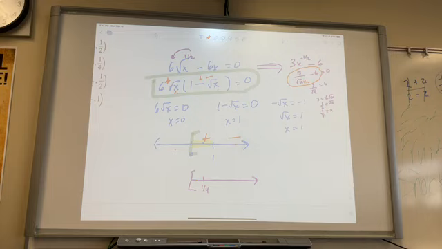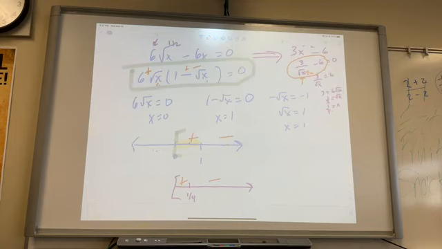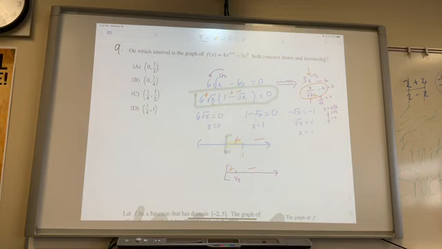The square root of 1/16 is 1/4, and 3 divided by 1/4 is 12. So that's positive. Why not 0? Because I can't divide by 0. So it's from 1/4 to 1. If I plug in 0, it won't work. And if I plug in, let's say, 1, 3 minus 6 is negative.